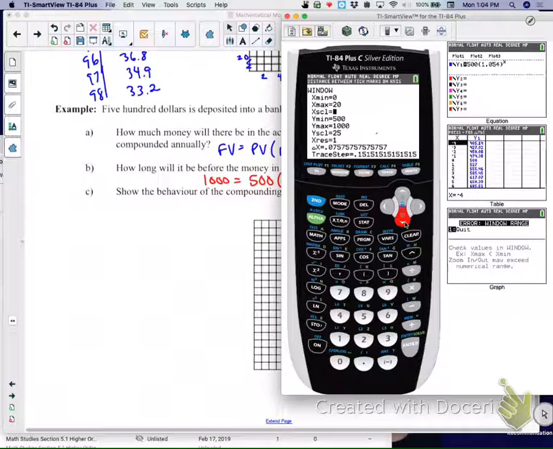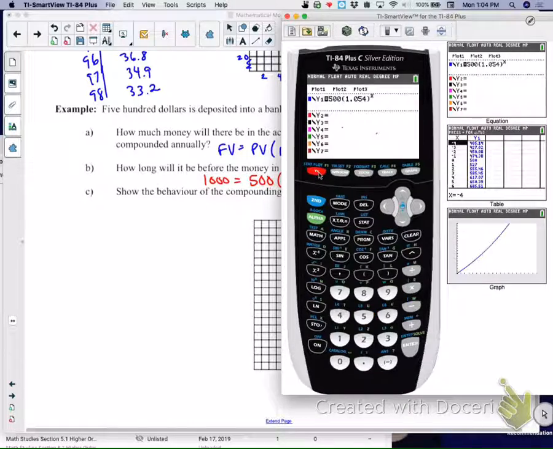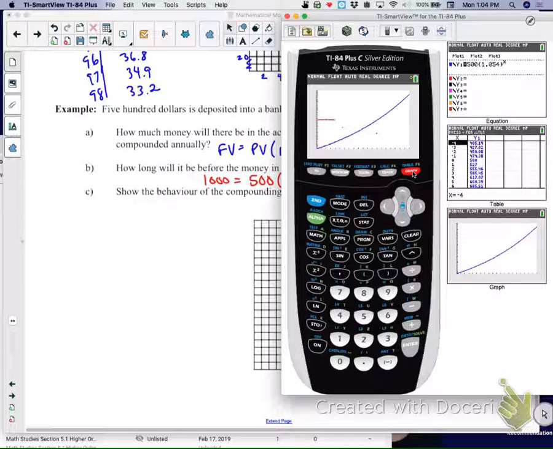Let's make it go to, I don't know, 1,500 maybe. Because I need to have some space to be able to see where 1,000 is. And then we'll put in the 1,000. And there we go. So again, if we do our intersection, that's going to give me the graph there.